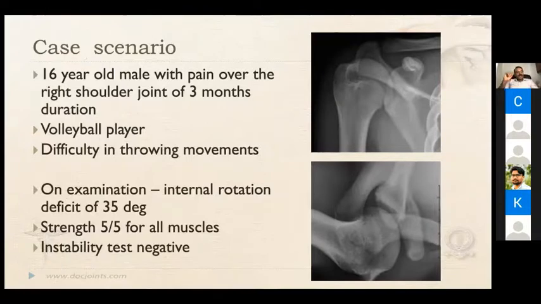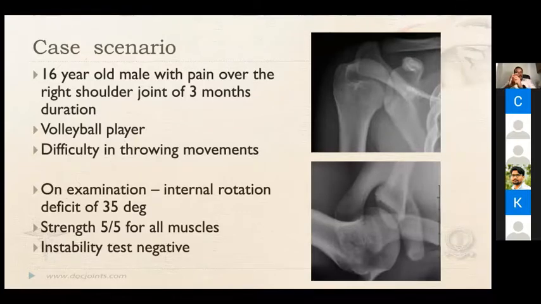Earlier we used to do the West Point view, almost similar, but with the patient lying down. Bernageau is for the glenoid, and the Stryker notch is for the lesion. Important X-ray views.